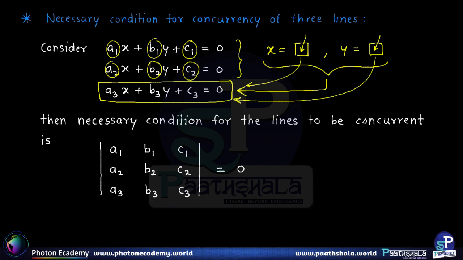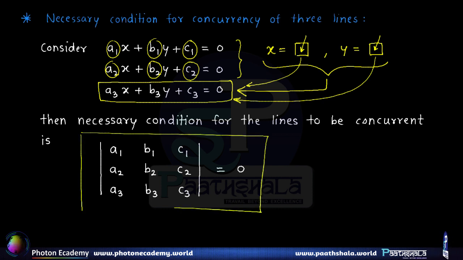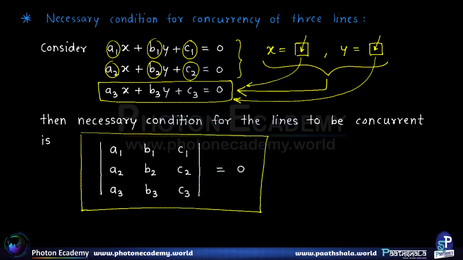That relation when simplified gives us a final simplified form as a determinant as shown here. So the determinant a1 b1 c1, a2 b2 c2 and a3 b3 c3 must be equal to 0. That's the necessary condition for the lines to be concurrent.